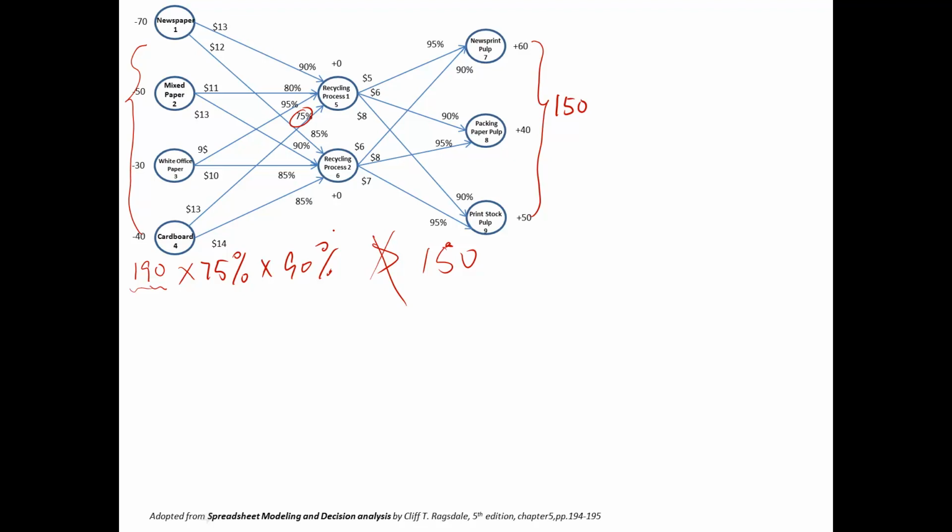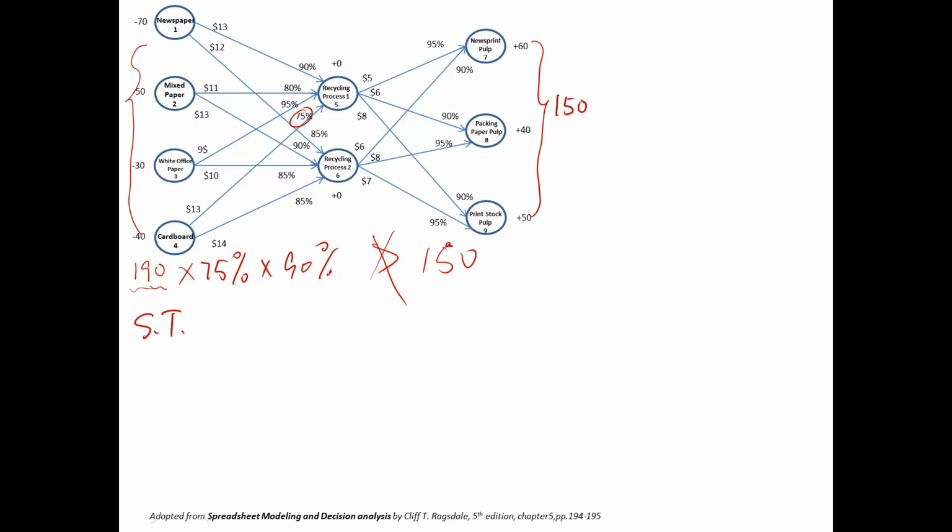So for this problem, since we're not able to make sure whether our total supply is going to meet the demand or not, what we're going to do is assume it will meet.